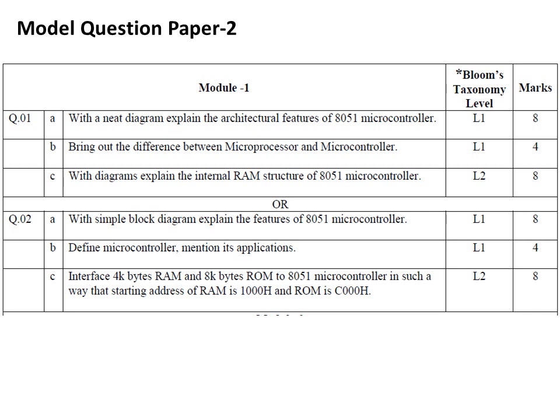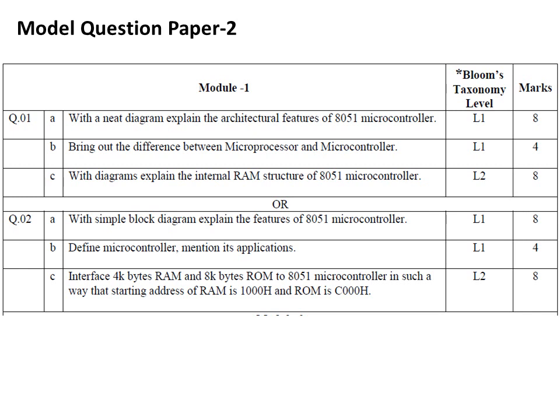And the next question is with the diagram explain the internal RAM structure of 8051 microcontroller. It is asked for 8 marks. So here the internal RAM organization should be explained with a diagram that includes 128 bytes of internal RAM, and it is accessed using the RAM address register.